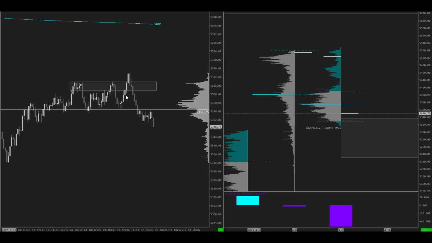But I'm already in shorts. I don't really have to worry about it. But if I was looking for an entry, I'd be a little more keen on it here. And we flip that level too, so there's multiple things going on with the auction here.